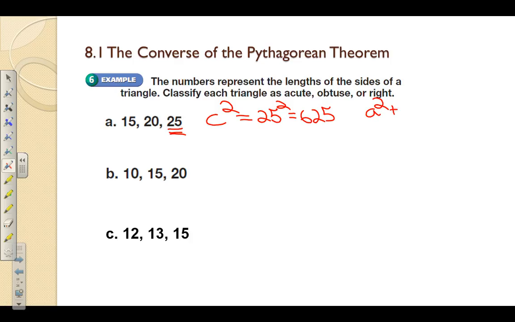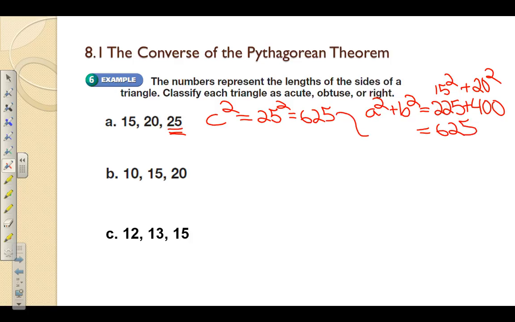That's basically 225 plus 400, right? So the 15 squared plus 20 squared, and that equals 625. So since these are equal, I have a right triangle.